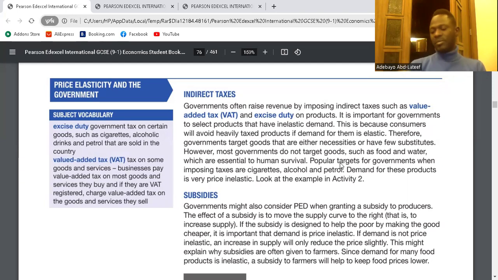Get the point here. If government wants to decide on imposing taxation, government would not impose taxes on food, water, or electricity, because our lives depend on them. But if government thinks of reducing consumption, it will target consumption of demerit goods or goods that the rich can afford.